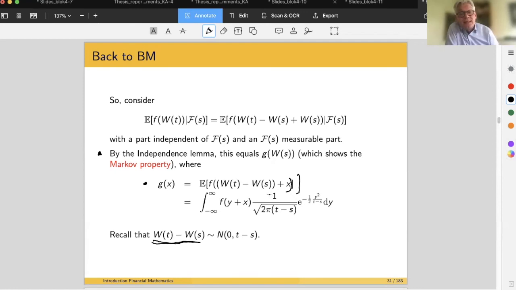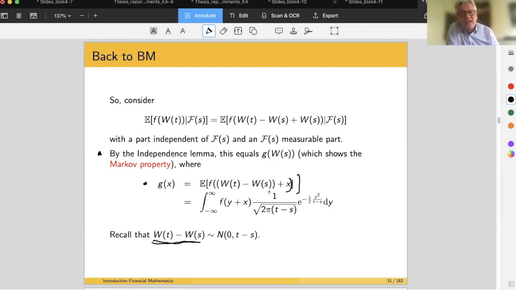And that is the probability density function that we have derived earlier for the normal distribution with mean 0 and variance t minus s.